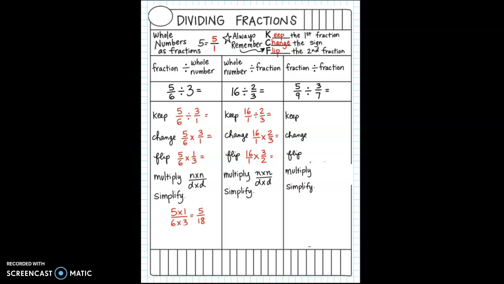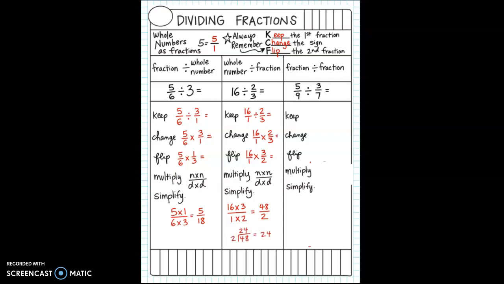Multiply numerator times numerator, denominator times denominator. 16 times 3, 1 times 2. That is 48 halves. Now, to continue that, you should be taking 48 divided by 2 to get back to the whole number of 24.